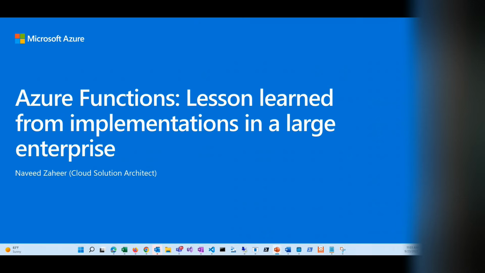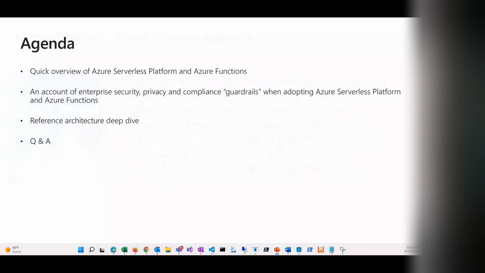Thank you. Okay, so here is the quick agenda. We are going to be talking about Azure Functions and implementation in large enterprises, meaning enterprises that are heavily regulated, where you have complex security, privacy, and compliance requirements, and how that changes your design and what you need to think about when building your function application.